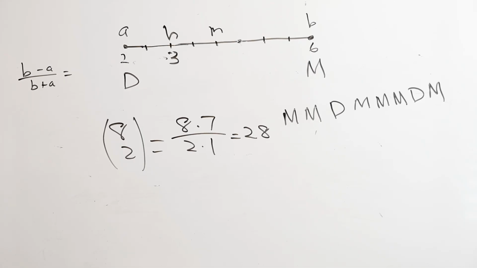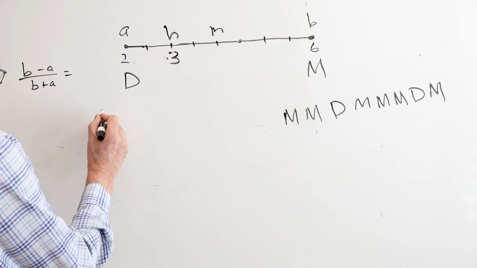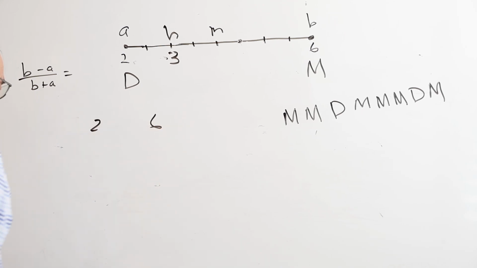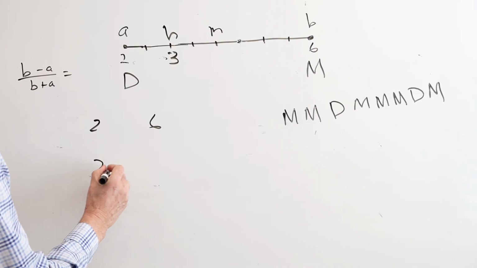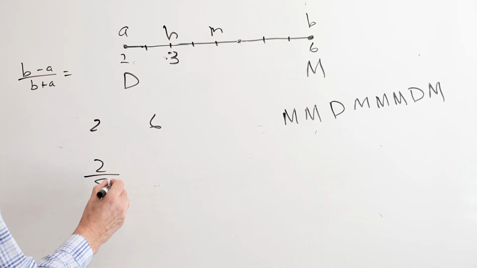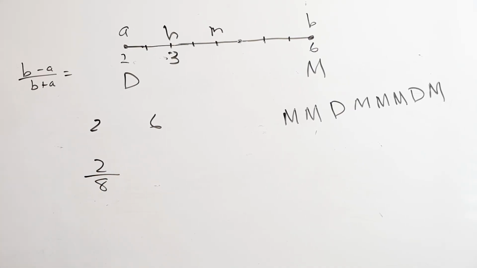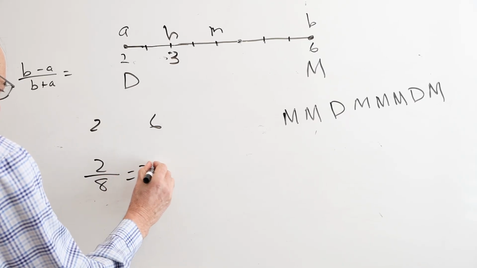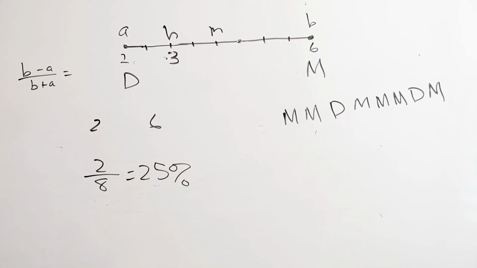So we want to try to prove that. Well, if you compare 2 and 6, 2 is 1/4 of the possible 8 steps. And if you change that to percent, that's 25%. And we're not going through all the probability arguments.